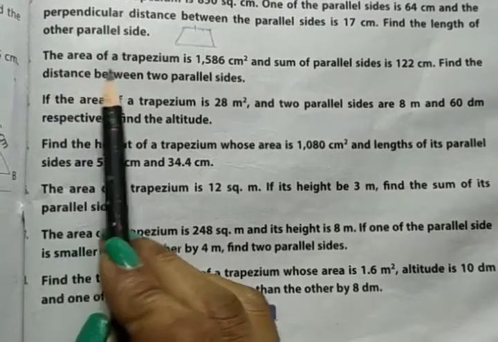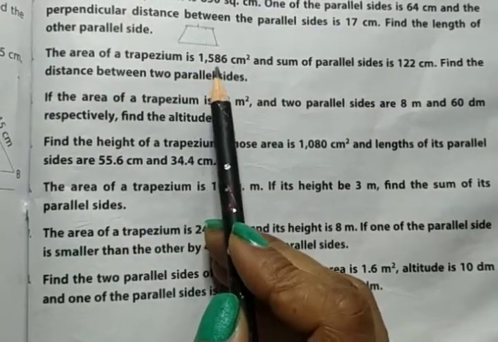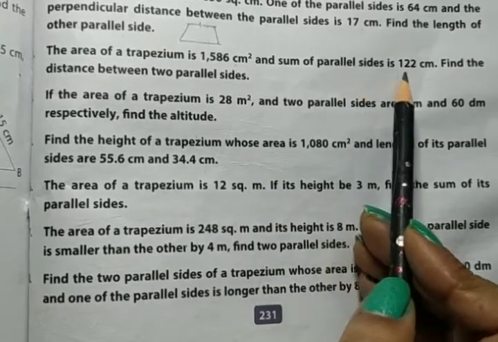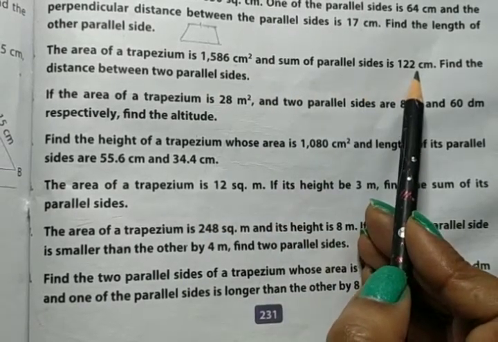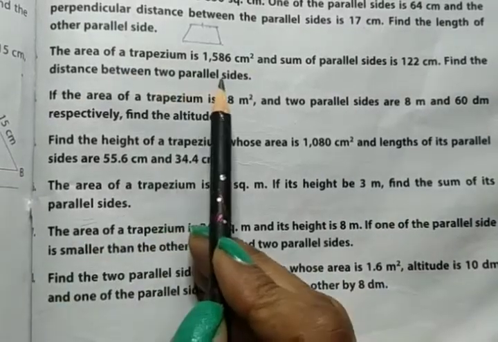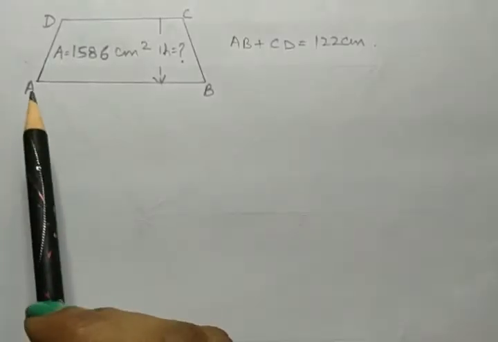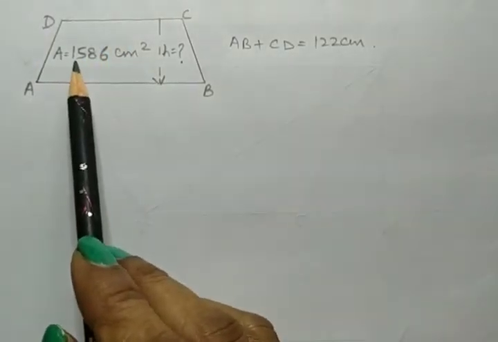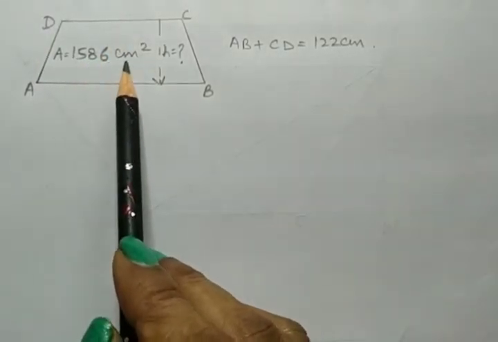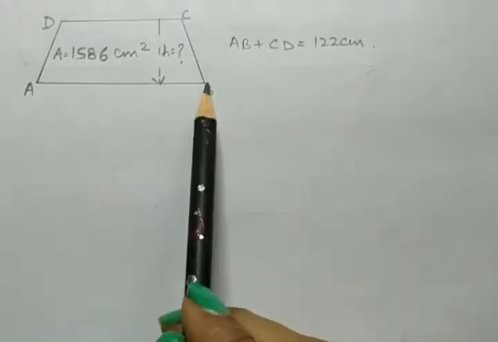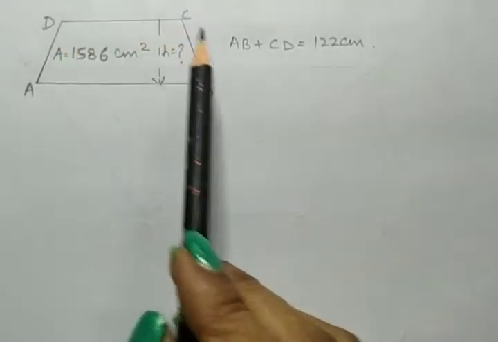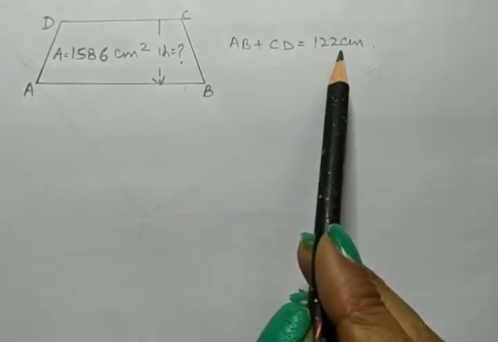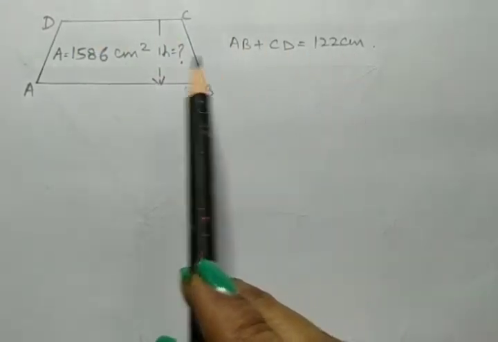Question number 3. The area of a trapezium is 1586 centimeters square and sum of parallel sides is 122 centimeters. Find the distance between two parallel sides. According to the given information in question number 3, area of the trapezium is given, that is 1586 centimeters square, and the sum of two parallel sides is given, that is AB plus CD is equal to 122 centimeter.